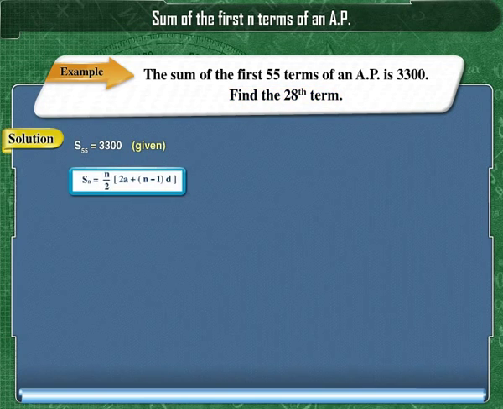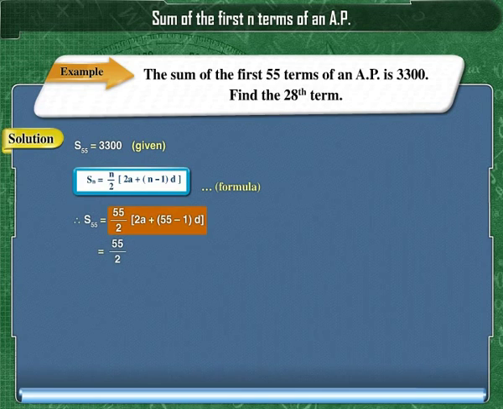We know the formula Sn is n upon 2 into 2a plus n minus 1 into d. When n is 55, S55 is 55 upon 2 into 2a plus 55 minus 1 into d, which is 55 upon 2 into 2a plus 54d.